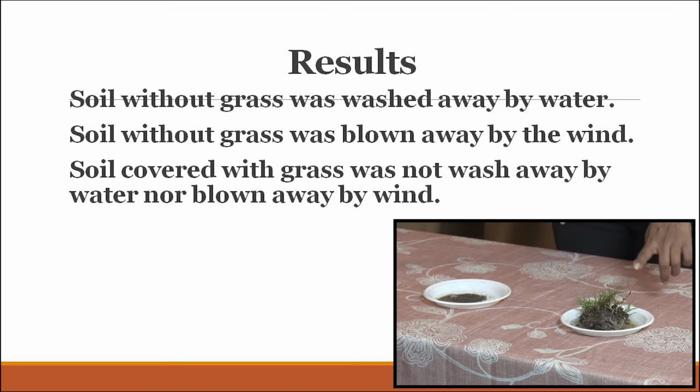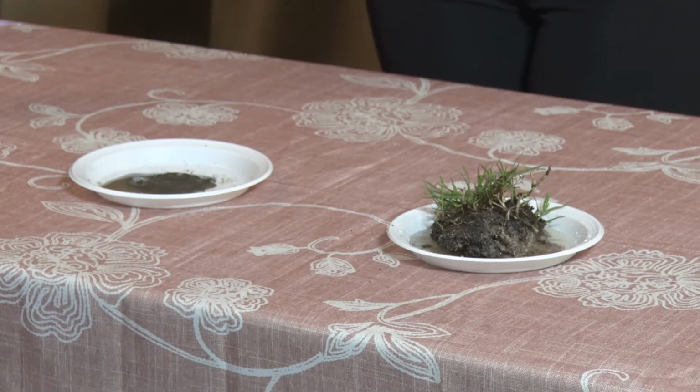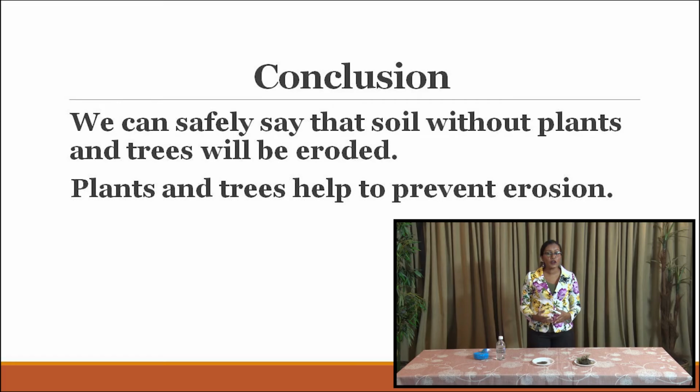Now soil covered with grass was not washed away by the water nor blown away by the wind. So we can conclude now that it is safe to say that the soil without plants and trees will be eroded, and plants and trees help to prevent erosion.